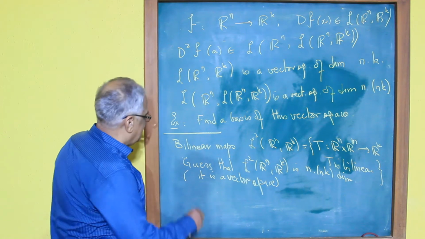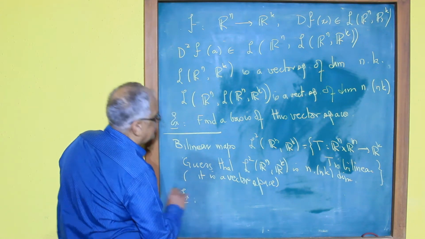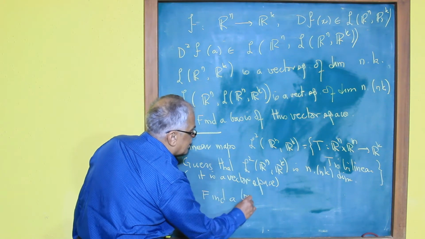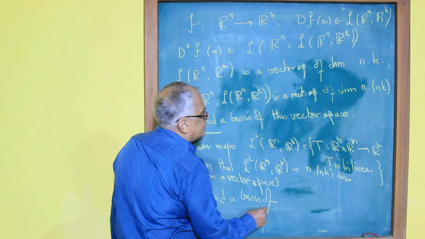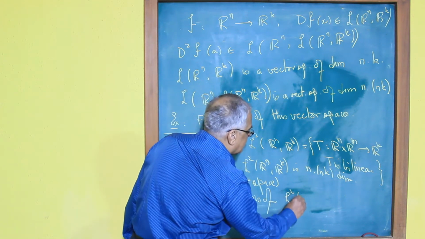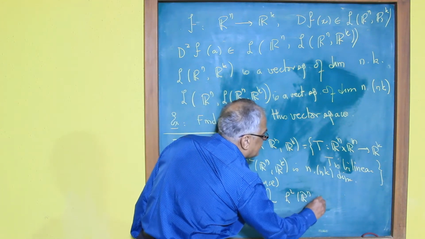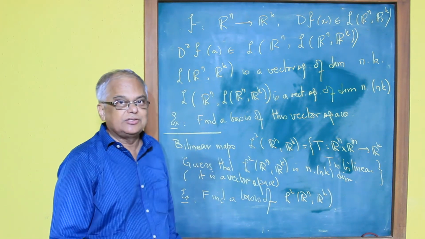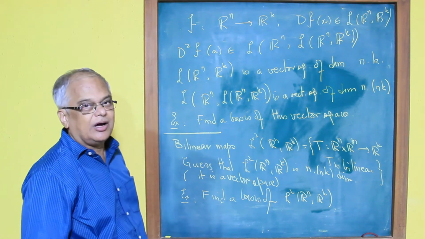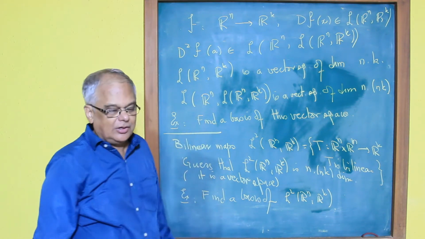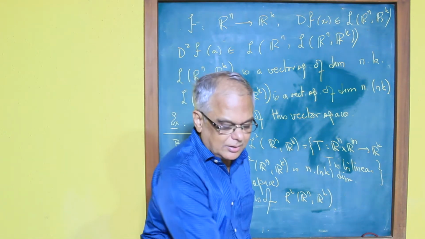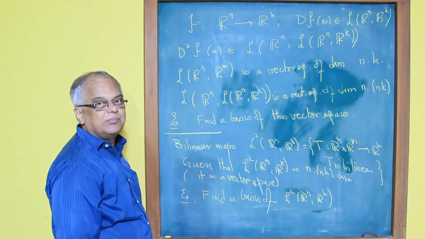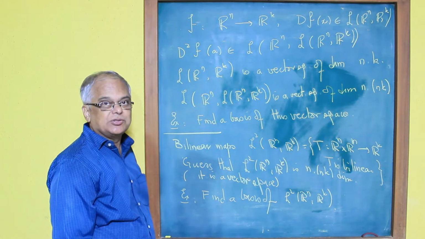But before that, there's an exercise: find a basis of L2 of Rn, Rk. If you can do this, you will have understood what is meant by bilinear maps and by this space.